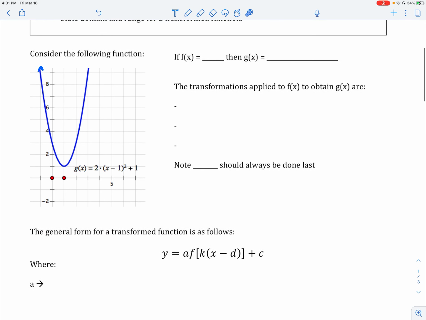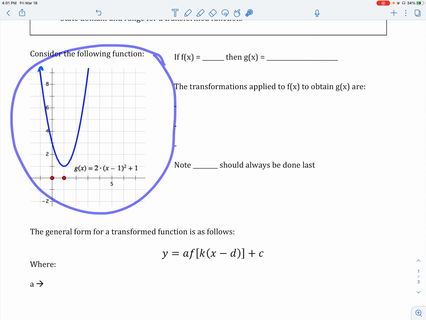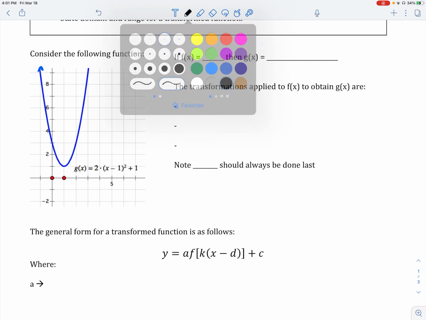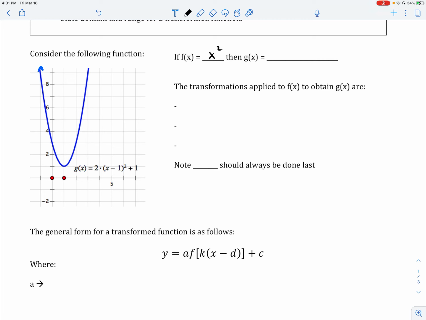Okay, so here we have a function g of x. There's the equation. In order to get this function, we've actually taken a base function, f of x equal to x squared, and we've applied some transformations to it.